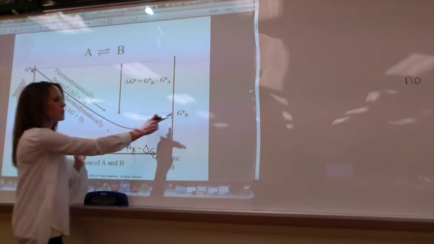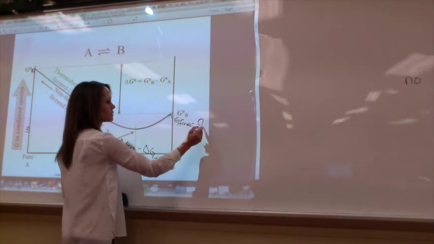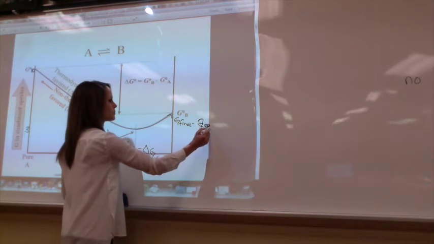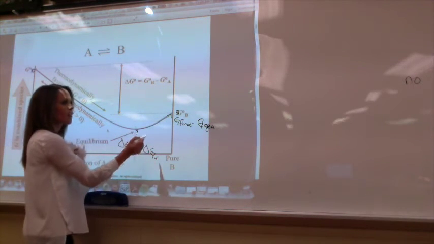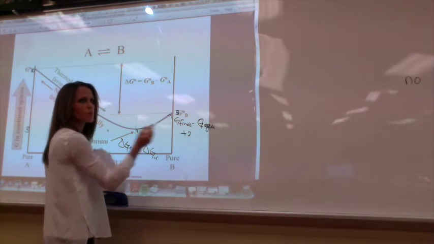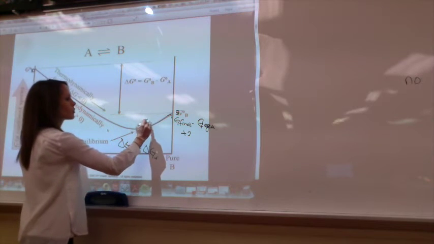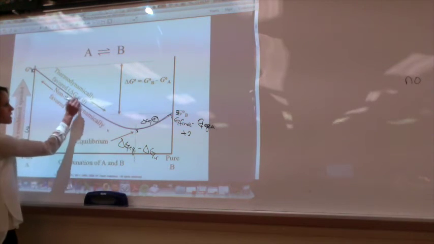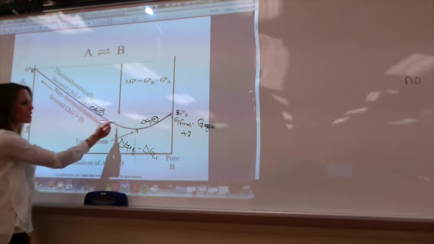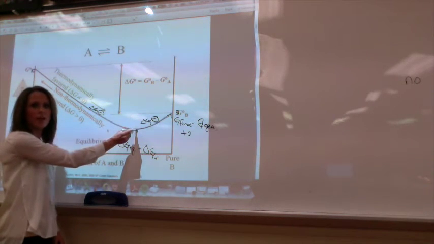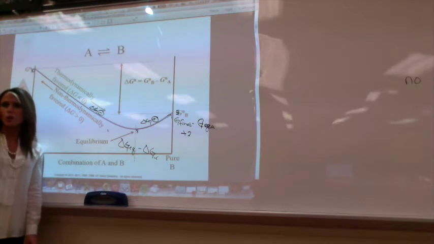But if I wanted to go from this final position, G final minus G equilibrium, say that's like 5, and this is my 3, now that's a positive value, a positive 2. I'm just making up numbers to help you see it. So delta G here would be positive, delta G coming down is negative, which means that your reaction will proceed until you reach equilibrium and then it stops. And that's why you don't make any more products, because you have no more energy available to do work.